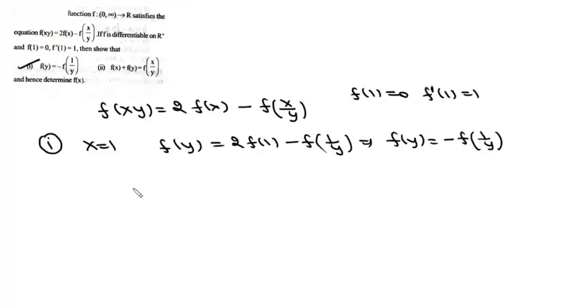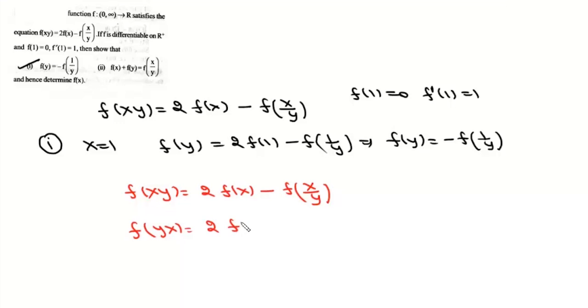Now we are given that f(xy) equals 2f(x) minus f(x upon y). Now if we interchange x, y, we can write f(yx) as 2f(y) minus f(y by x).